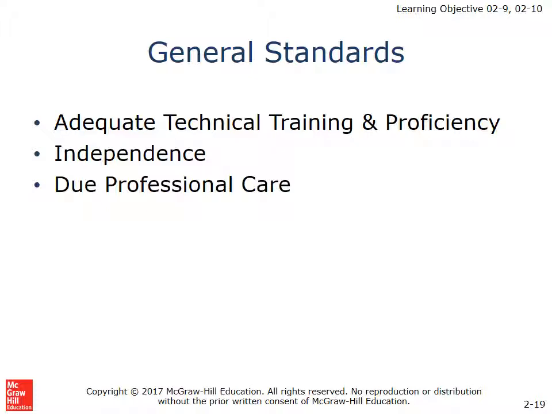And those are very specific qualifications. So we will talk about what is independence. And due professional care must be exercised in the performance of the audit and the preparation of the report. So those are your general standards. You've got to make sure people know what they're doing, how to audit. They have to be independent with regards to the company they're auditing, and they have to use professional care.